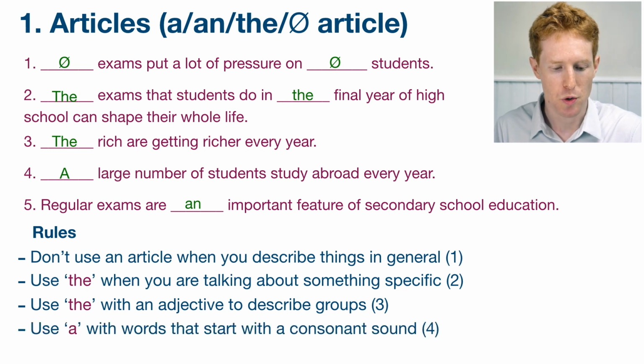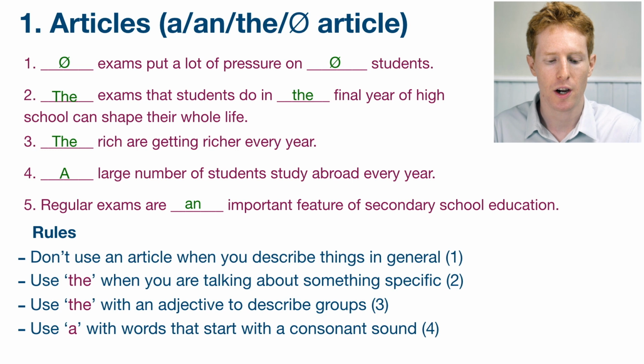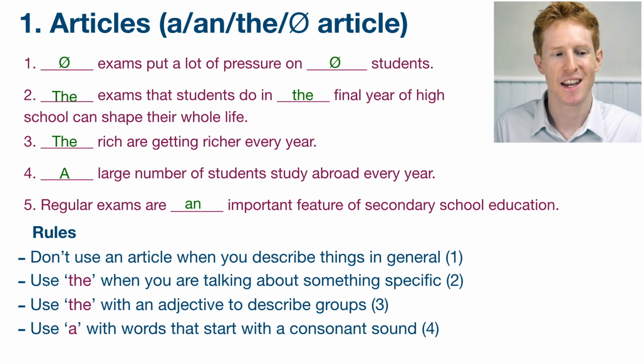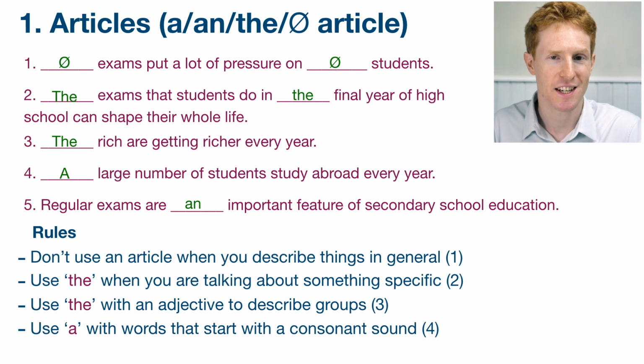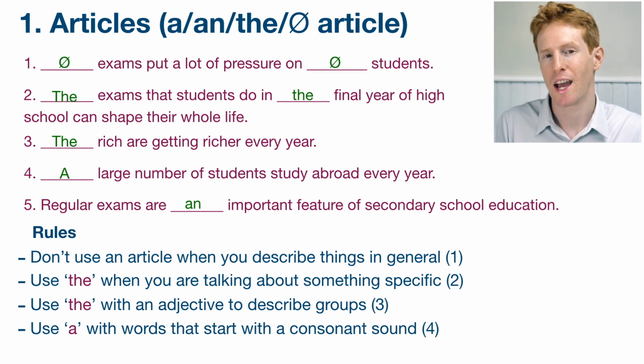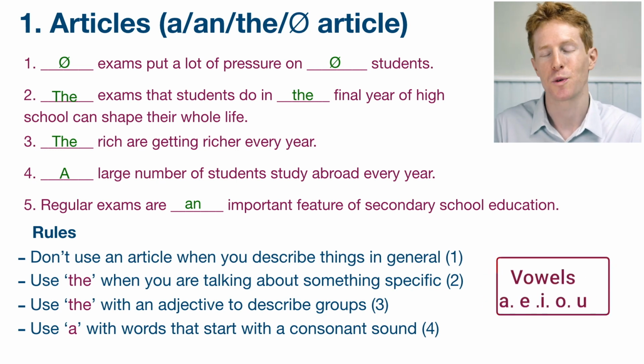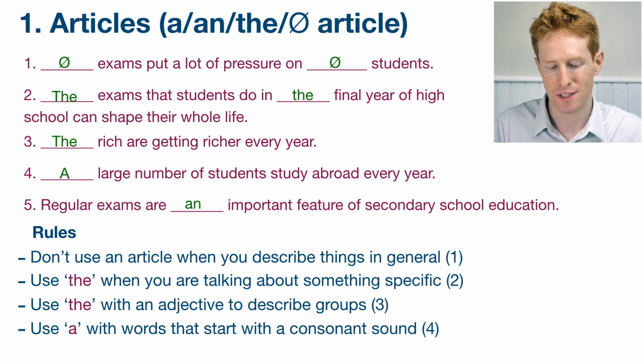Number 4, use a with words that start with a consonant sound. Okay, so of the letters in English, some of them are consonants and some of them are vowels. So vowels are A, E, I, O, U, and the rest of the letters are consonants.